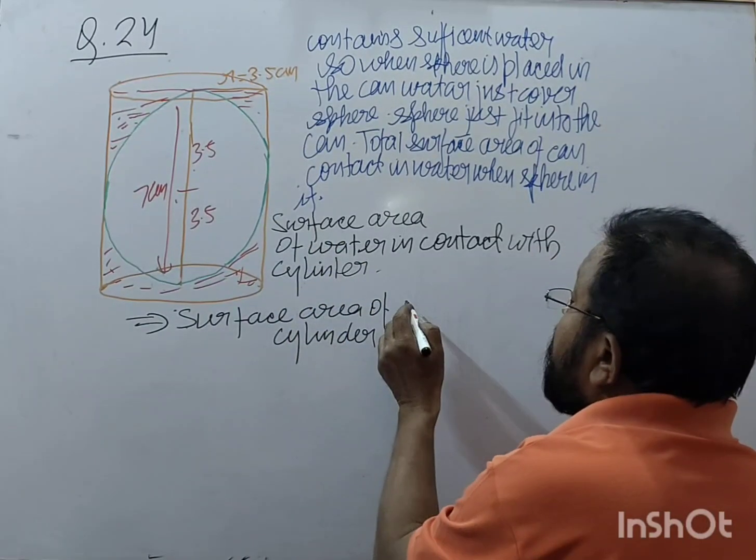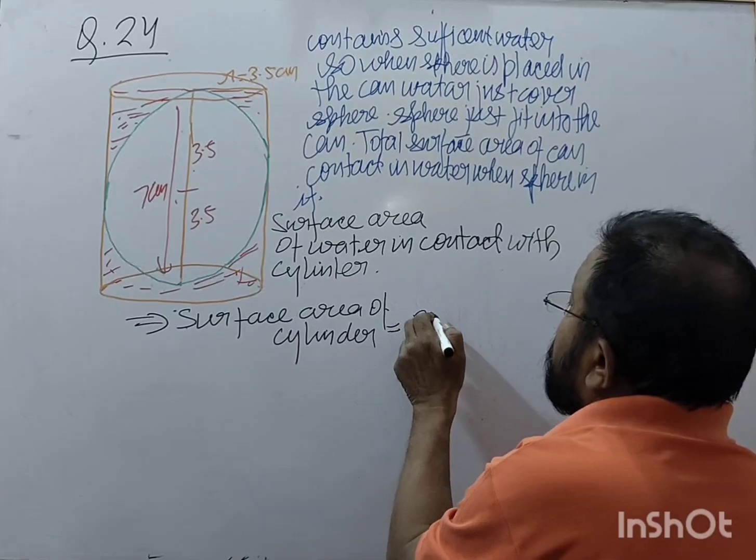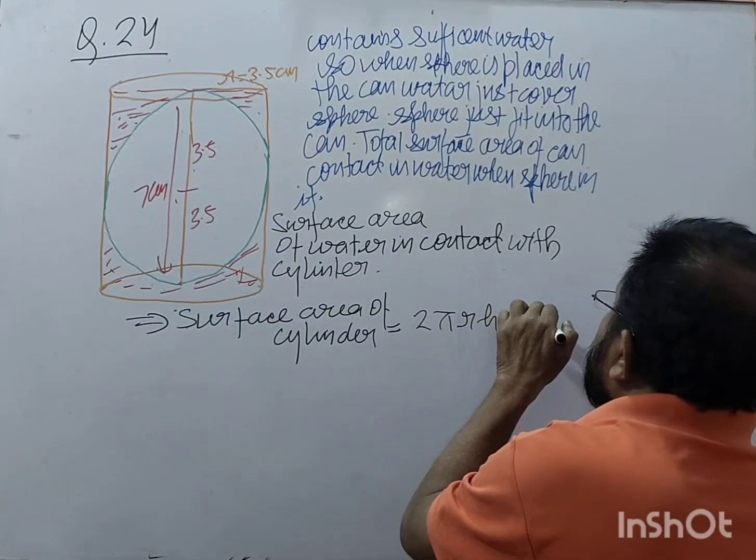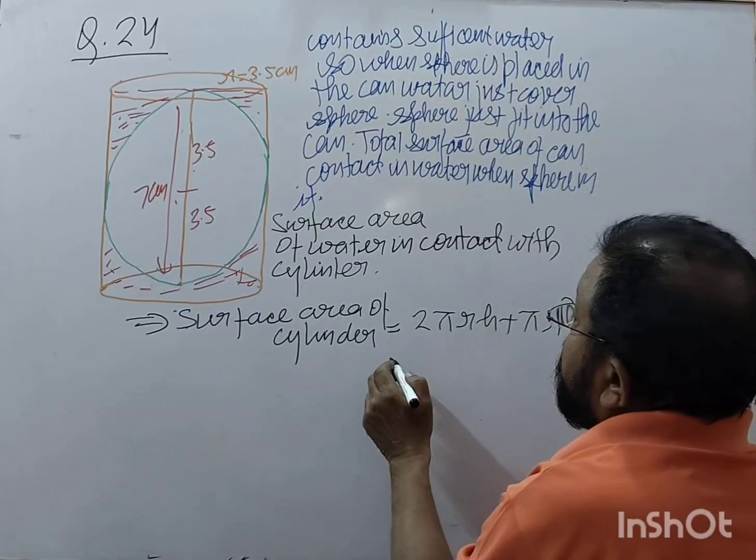So we will take 2 pi rh plus pi r square.